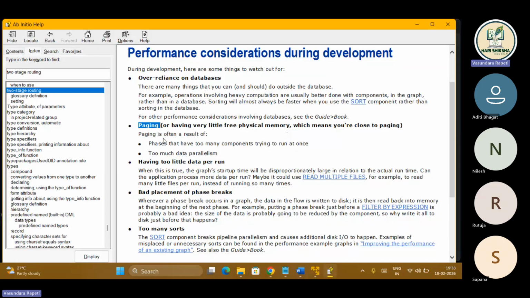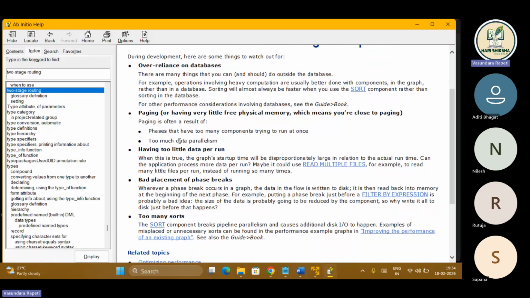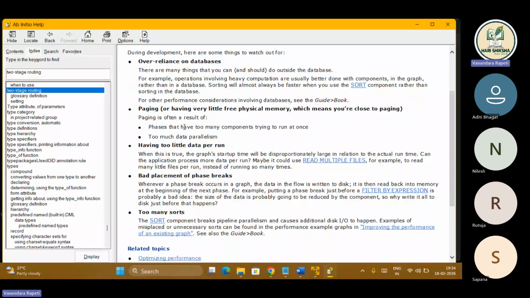Paging means you are doing input/output operations on the hard disk instead of RAM, also called a spillage kind of problem. You have less RAM, so the system starts to utilize the hard disk. That is paging. It happens when phases have too many components or too much parallelism, so we need to handle phases and parallelism smartly.